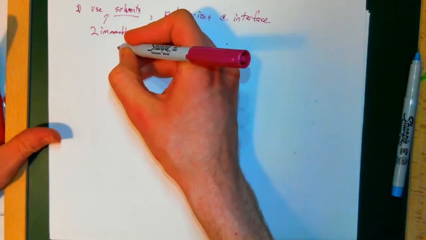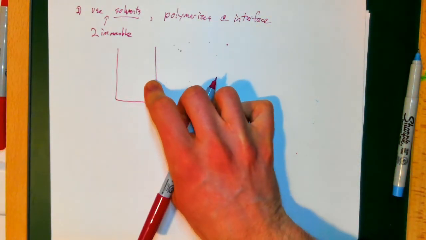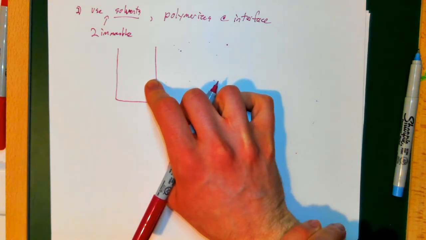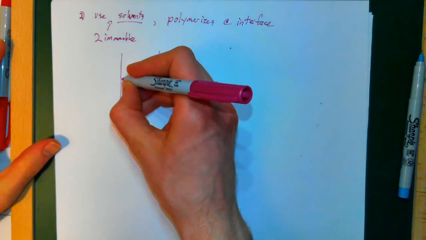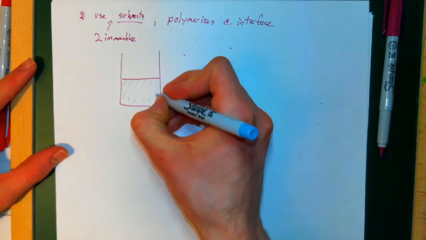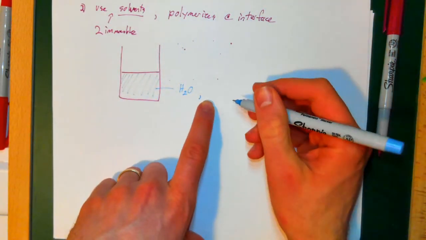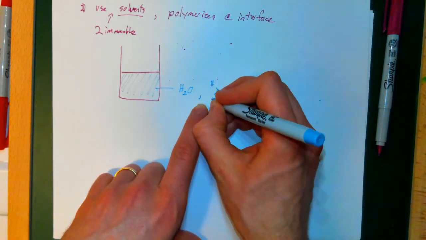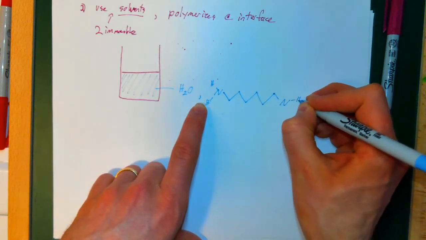So what might that look like? Well, imagine I had a beaker, and in this beaker I had two solvents. In the bottom, I had water, and in the H2O is your hexamethylene diamine, NH2, then 1, 2, 3, 4, 5, 6, then NH2.